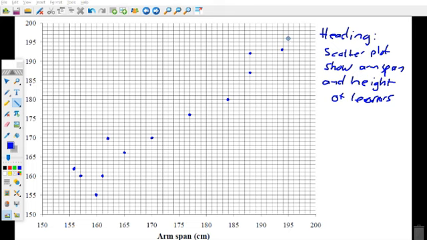So I'm going to draw a line in here, let's say roughly over there. I'm going to adjust it around a bit until I have as many points on there as I can. Alright, so mine's going to look something like that.